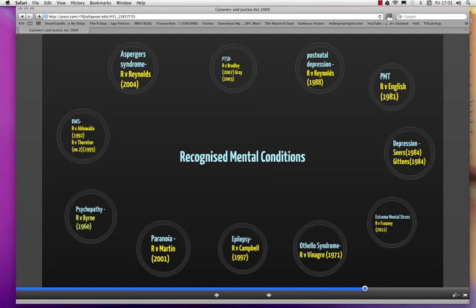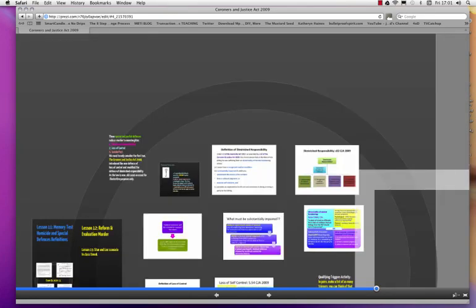Okay, so a whole array, as you see, of recognised medical conditions. And I know I've written there recognised mental conditions, but it's more correct to actually call them medical conditions.